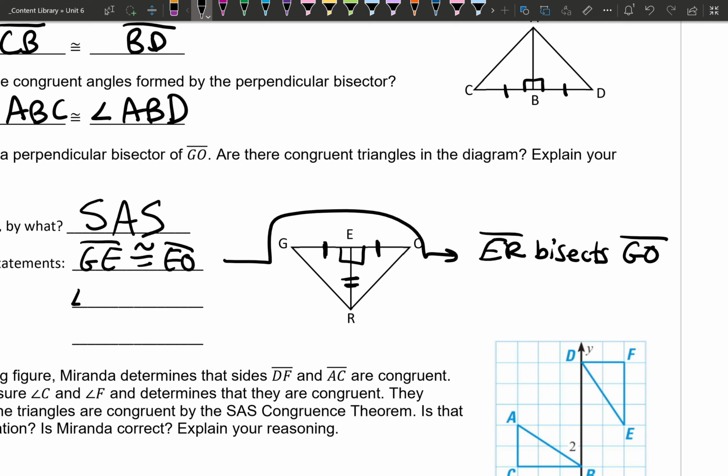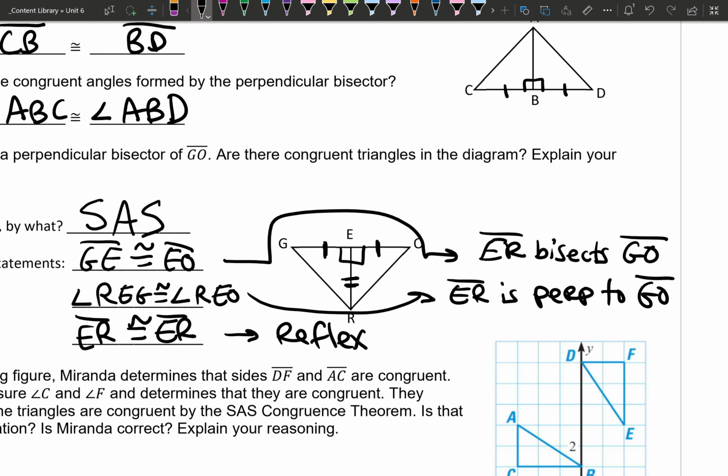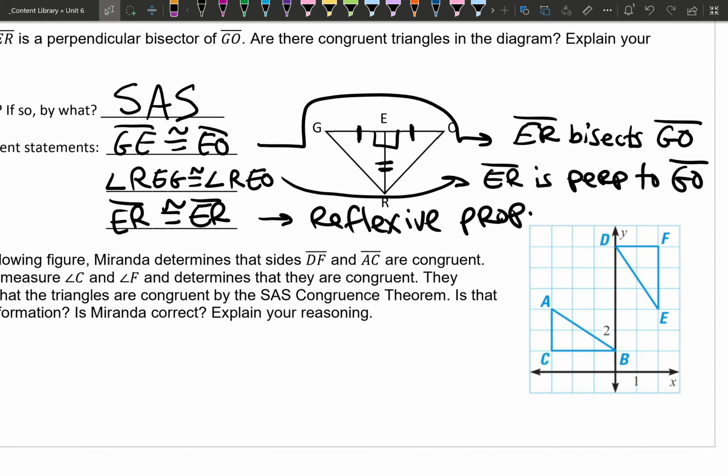The two angles that we get are angle REG, which is congruent to angle REO, because ER is perpendicular to GO. And lastly, I can write that ER is congruent to ER. The reason is reflexive property. Awesome. Last one.